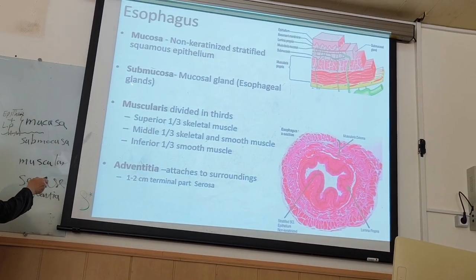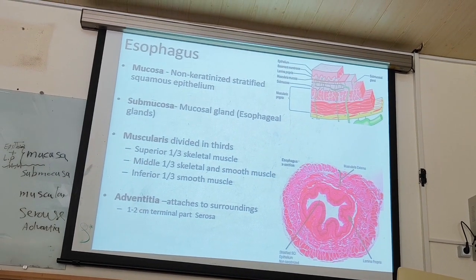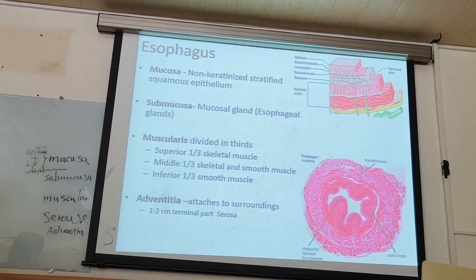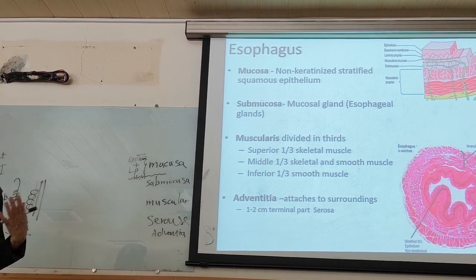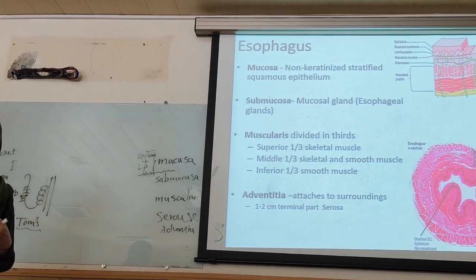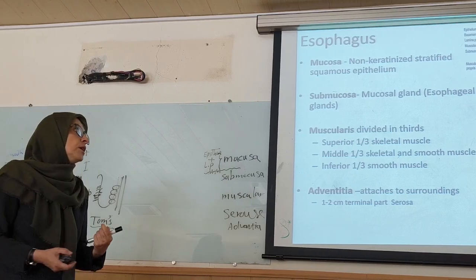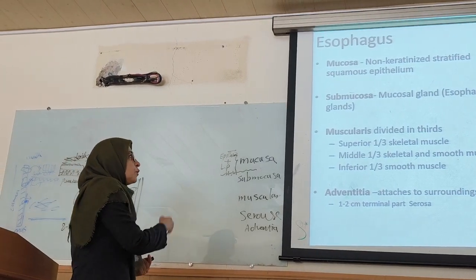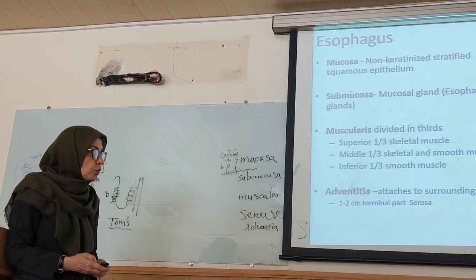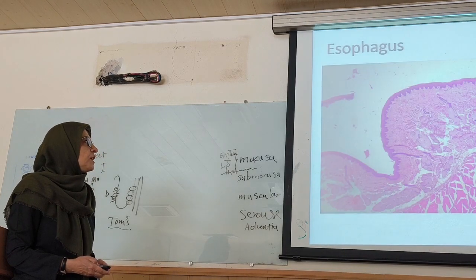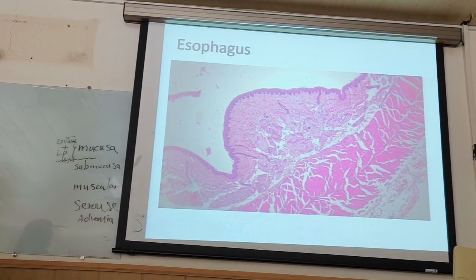Thus, the esophagus mucosal membrane is different from other parts. It is stratified squamous cells, while the other parts are simple columnar epithelium, and also the submucosal layer includes the mucous glands as esophageal glands.